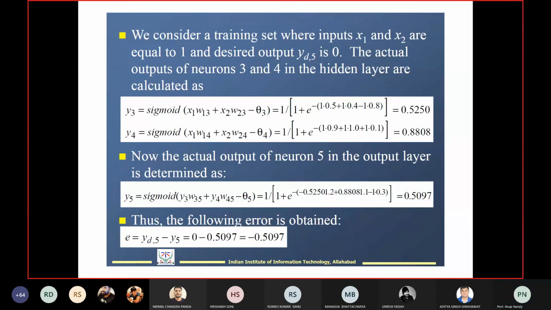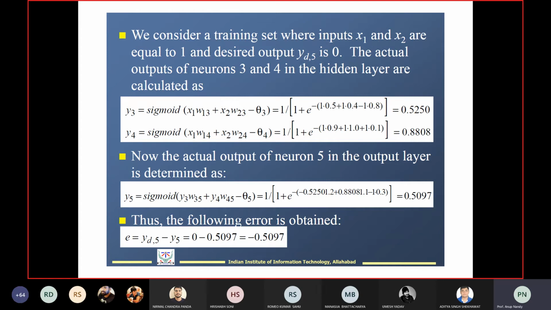The same process you have to use: x1 into w13 plus x2 into w23 minus theta. Now you know the sigmoidal function, 1 by 1 plus e to the power minus x. So you simply use it, and you end up with 0.5250.